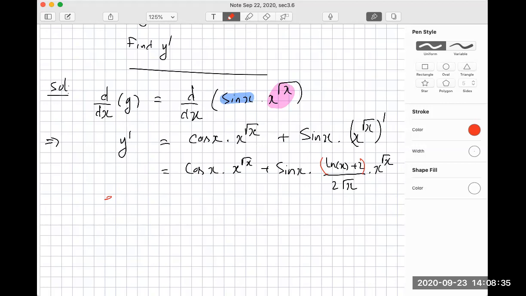If you take the natural log of both sides, go home and do it this way, like the one we did previously, and see the result. What is the difference between these two methods, right? Okay? Go home and do it.